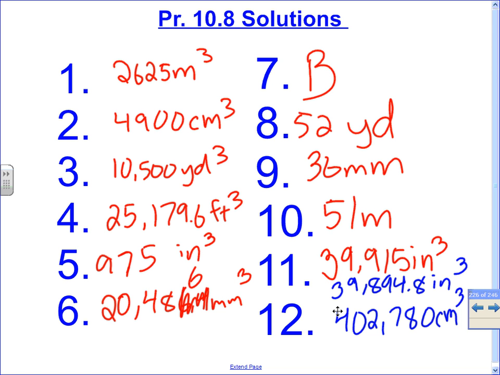Okay, I'm guessing you forgot about the 1/3. The very first setup for 10 should be 171,597 equals 1/3 times pi times r squared times 63. I would take 1/3 times 63 times 3.14.